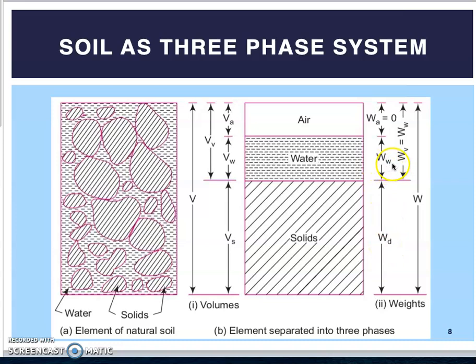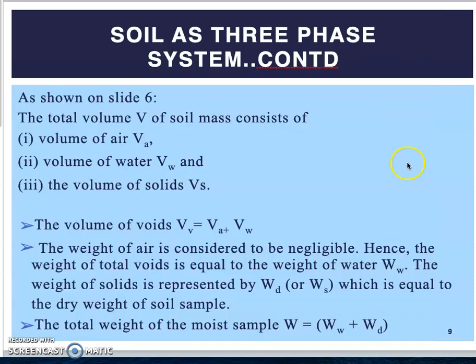Then WW will be weight of water and WA will be weight of air, which is equal to 0. So total weight of voids, V stands for voids, WV is equal to WW plus WA, but WA is 0, so WV, total weight of voids, will be equal to total weight of water in voids.